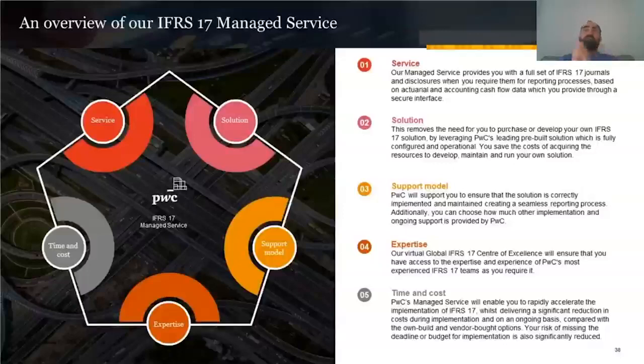Then, as a third option, and something that we've launched fairly recently as PwC, is to say, if you don't want to buy a vendor solution, or if you're not going to build your own solution, why don't you let someone with a lot of experience and access to the right tools take this whole aspect of IFRS 17 off your hands to a certain extent?